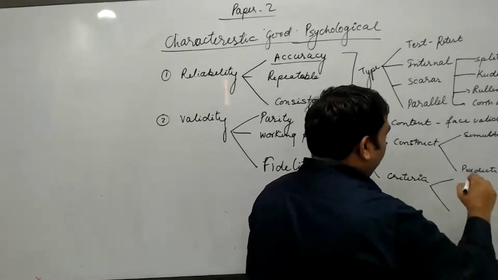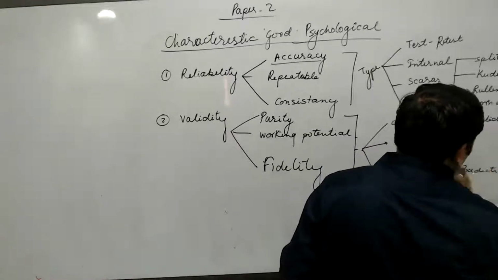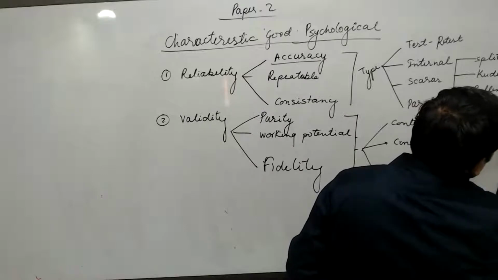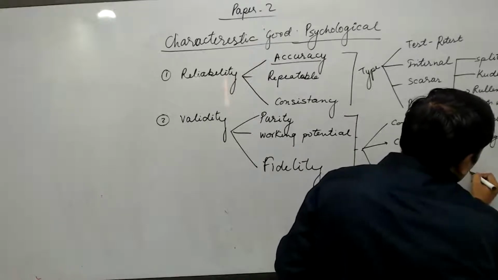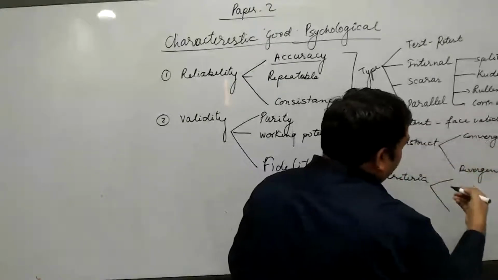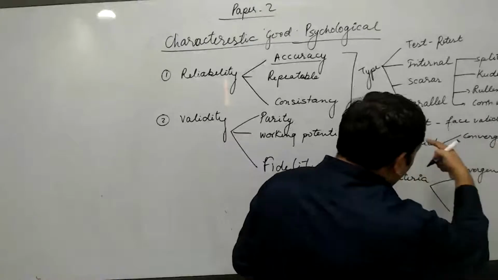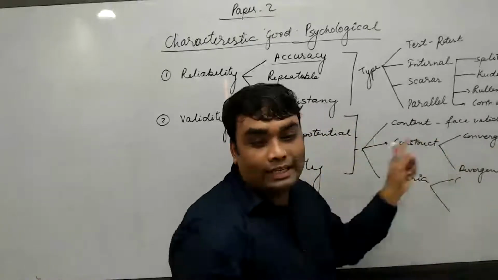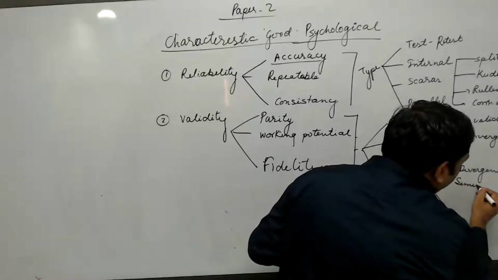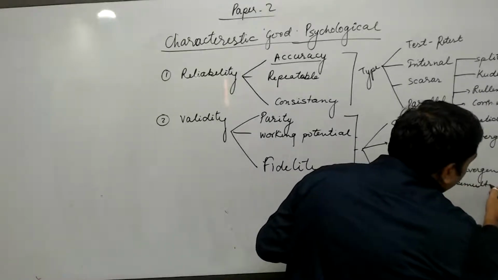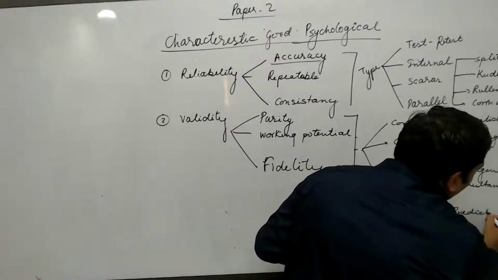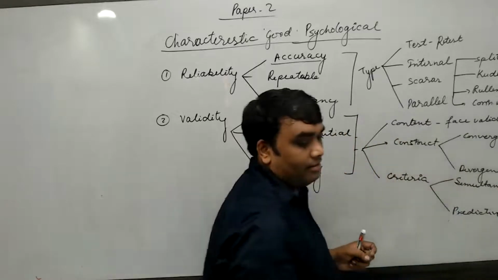Oh, no, just wait. Construct means there are two constructs: one is convergent, other is divergent. Another is criteria. What you wrote under construct is not to be written under criteria. So there are two criteria: simultaneous and predictive. So these are the things.